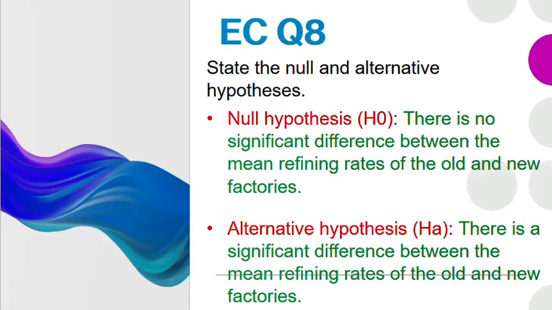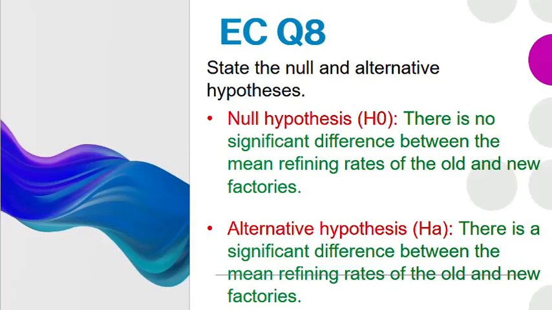And to contradict that, the alternative hypothesis, HA, says there is a significant difference between the mean refining rates of the old and new factories. So the null says no, there is no significant difference, and the alternative disagrees and says yes, there is.